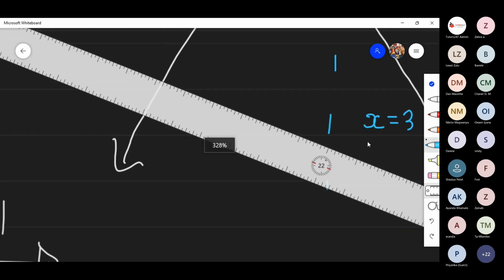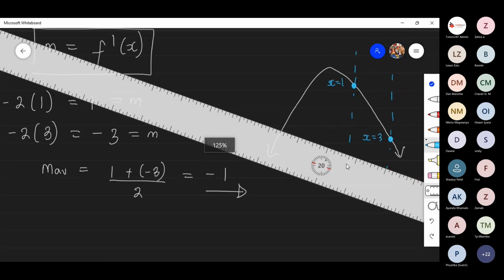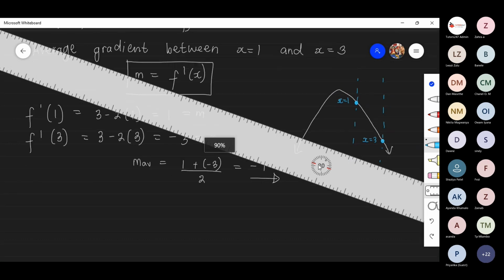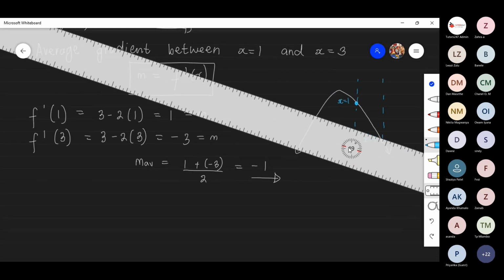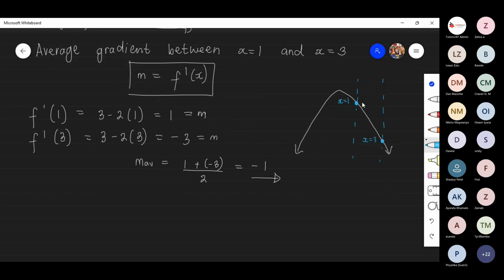Because remember I previously said that average gradient just refers to adding up the number of points that you have and then just dividing by those data points. Okay. So all we're doing is we're going to find the gradient of that straight line. The gradient of that straight line is -1.